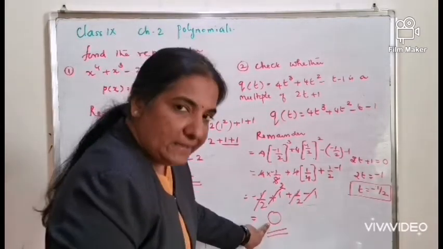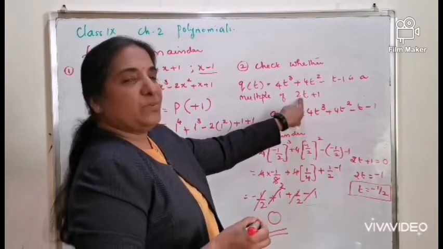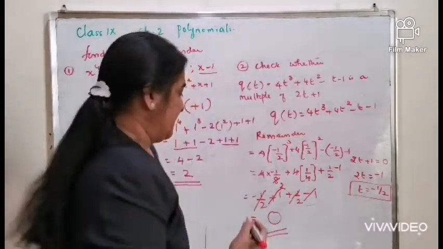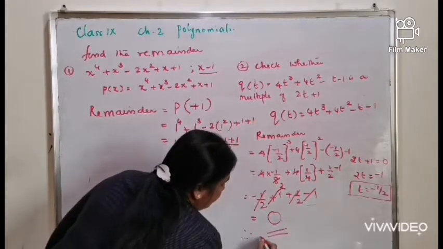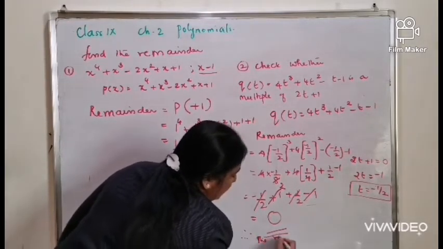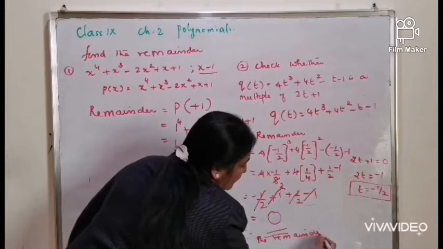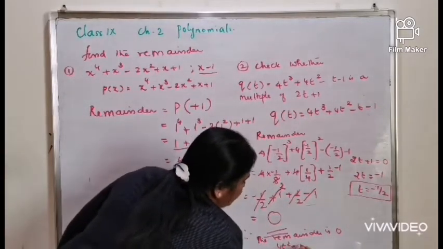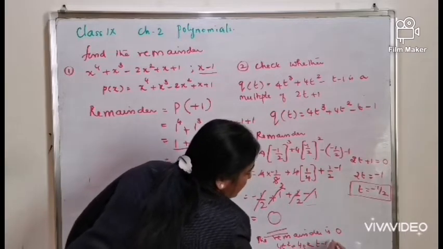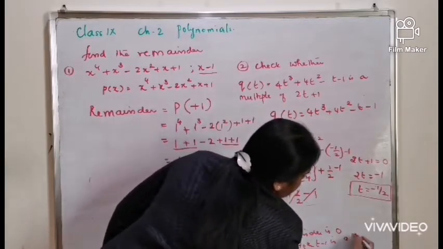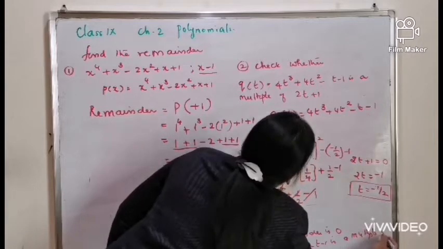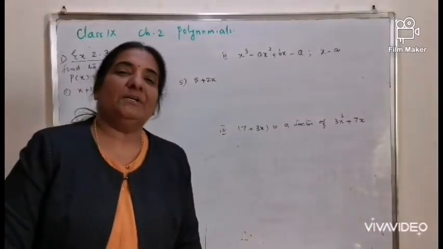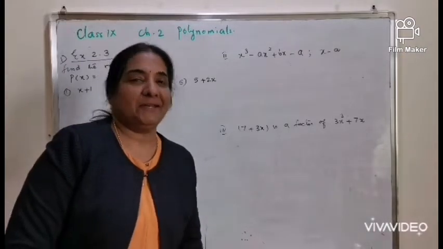So, since the remainder is 0, 2t plus 1 is a factor, and 4t cube plus 4t square minus t minus 1 is a multiple of 2t plus 1. I hope you have worked this out on your own and you are checking only the answers.